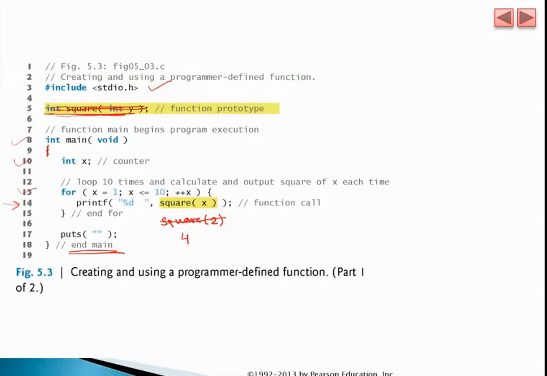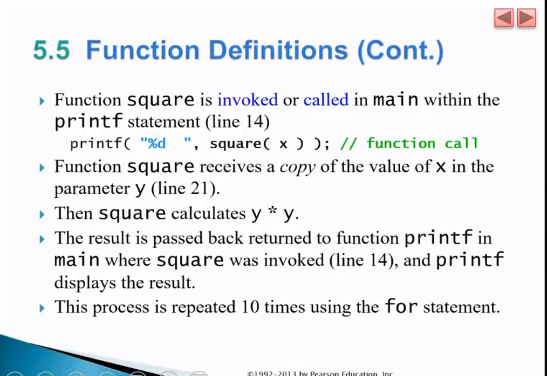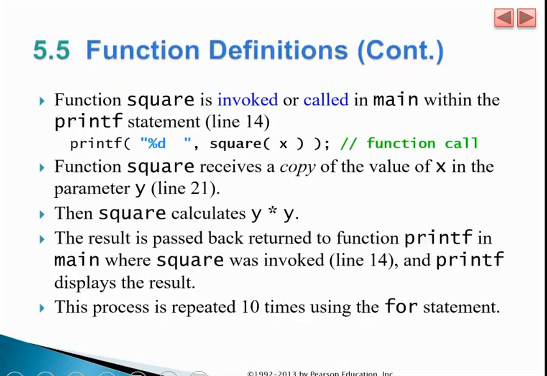Now there are a few important things that I would like to mention. Function prototyping. Let's discuss function prototyping, and then we will come back to this program. I hope function definition is clear to all. This is the function definition. Is it clear?